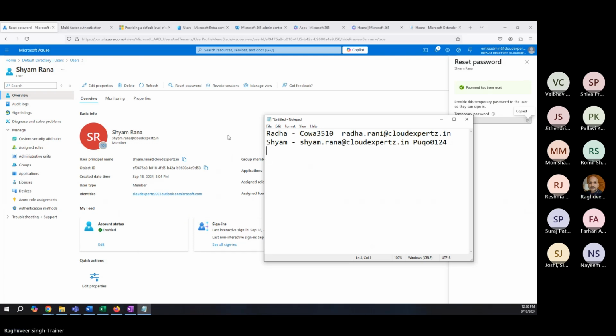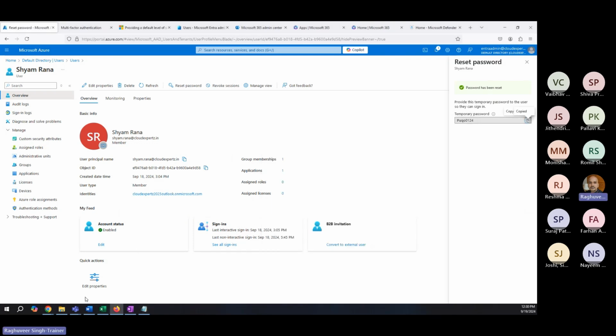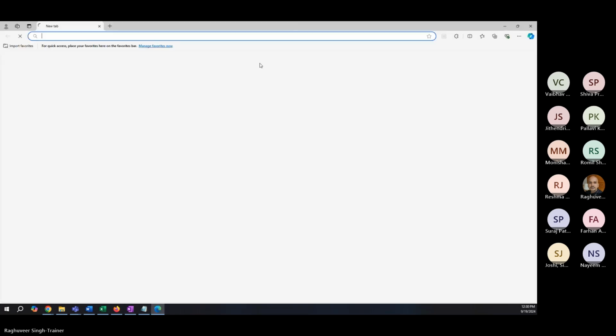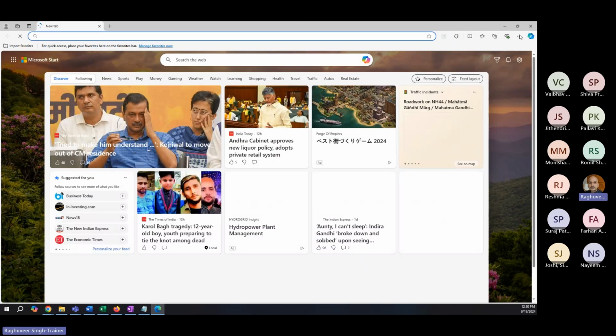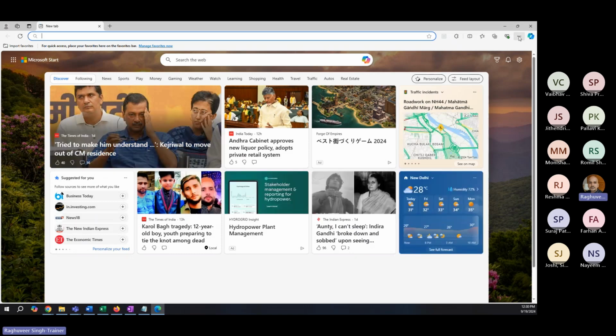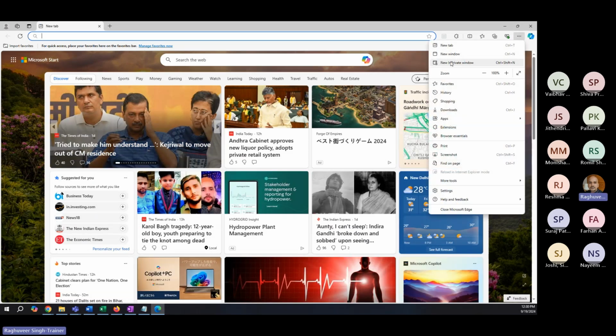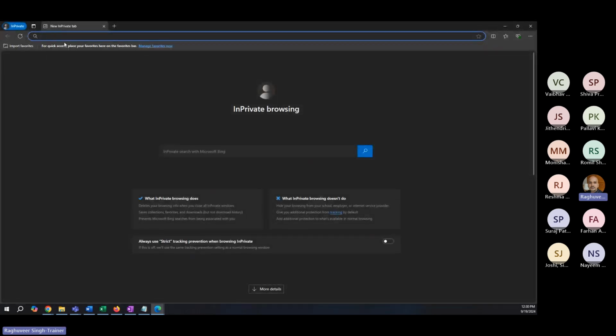Next. Now I'll open a separate browser, let's say Edge. On Edge, I will show you this experience in incognito so that if there is any cookie in the browser from a previous session, we can get rid of it. All right, let's see the experience.